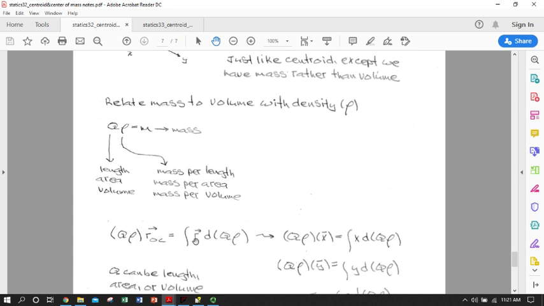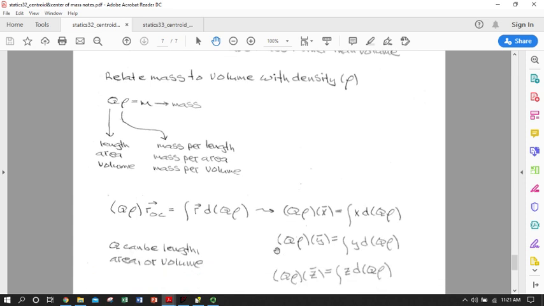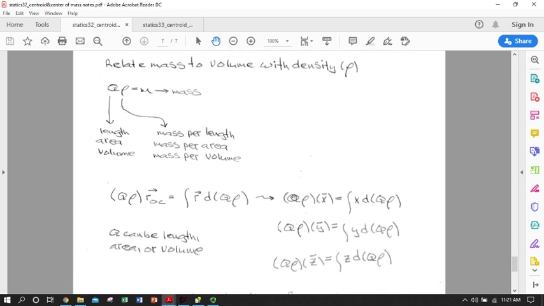It might vary in one direction too, or all three at the same time. So it basically just adds one more function. So instead of just q, you have q times density to give m, and instead of dq, you have dq times density to give little dm.